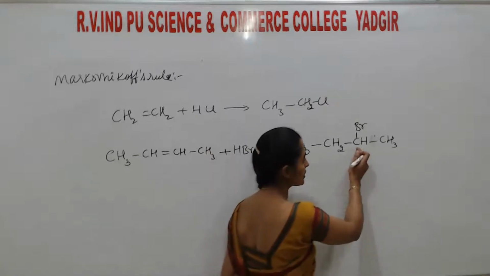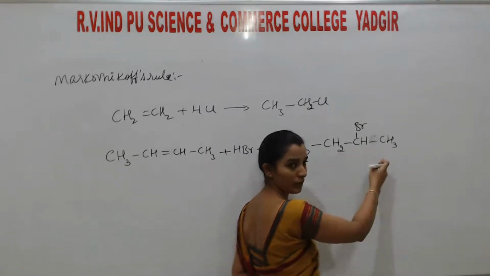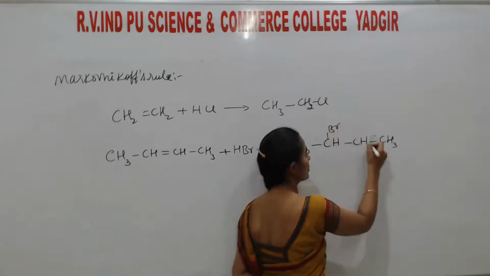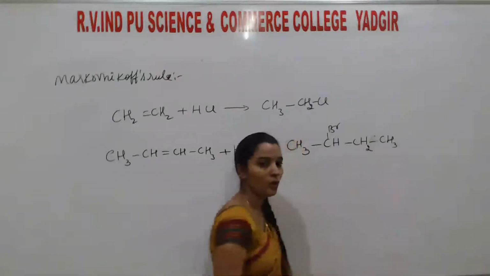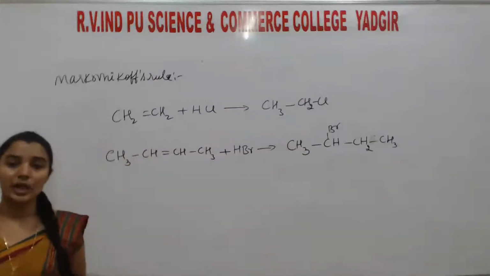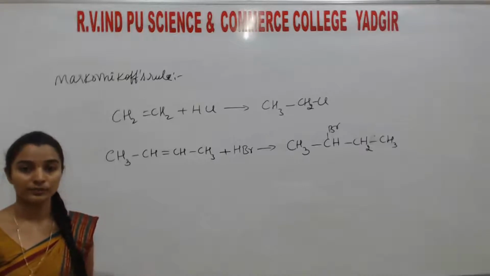If Br is attached here, numbering from here, that is 2-bromobutane. If it is bonded here, we can number from this side, and it is also 2-bromobutane. So if the addition reaction takes place for a symmetrical alkene, the Markovnikov rule cannot be followed.